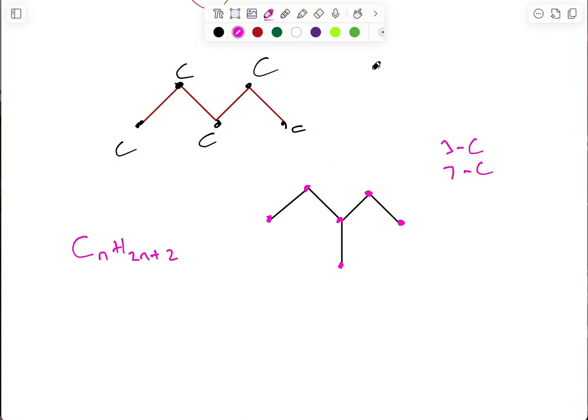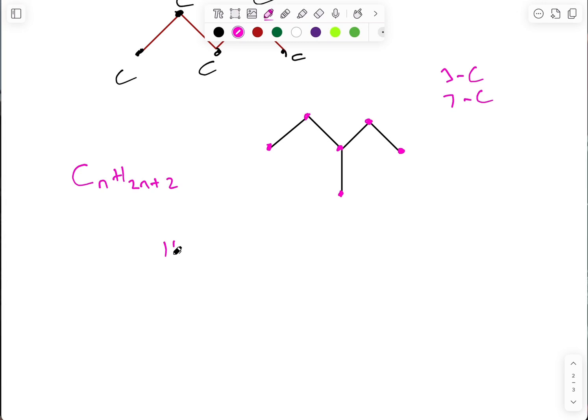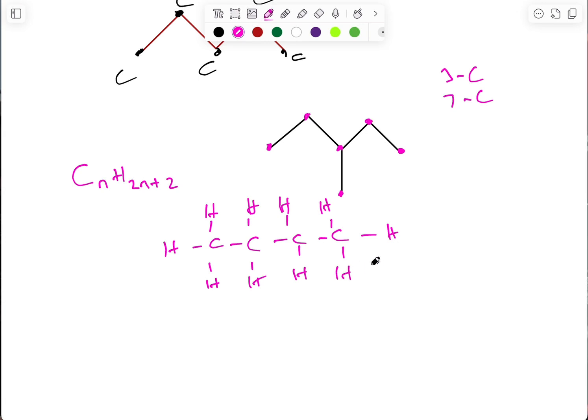For instance, the moment you have any alkane that has 4 carbon atoms or more, then you can begin to have isomers. Let's start with butane. Butane, as you know it, is C, C, C, C, then you have 10 hydrogens.